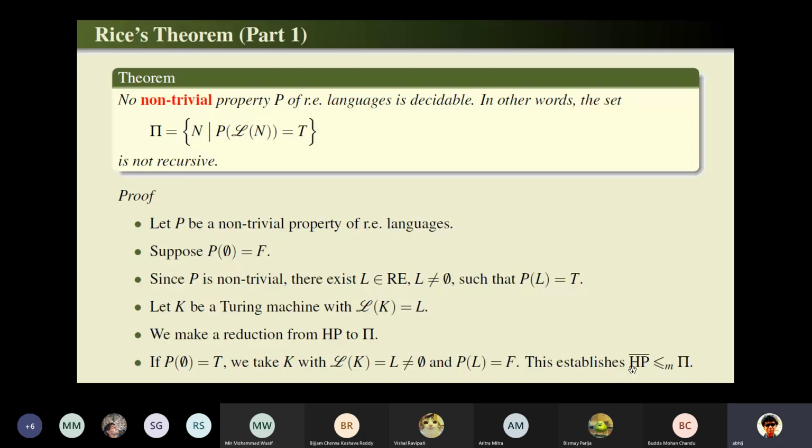This will give a reduction from HP complement to pi or HP to pi complement. Either way, we prove undecidability. Doesn't matter. So it's a reduction from HP to pi.